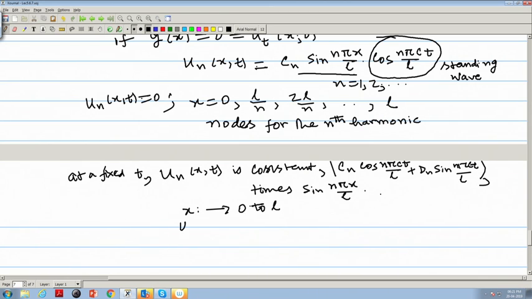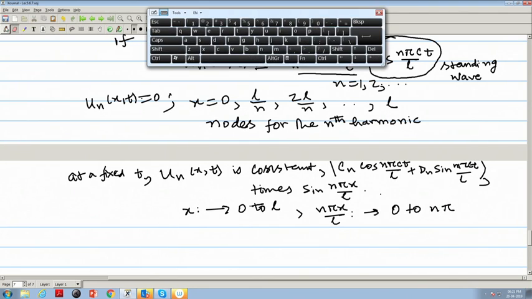So n pi x by L ranges from 0 to n pi. So this is n times the half period of sine.